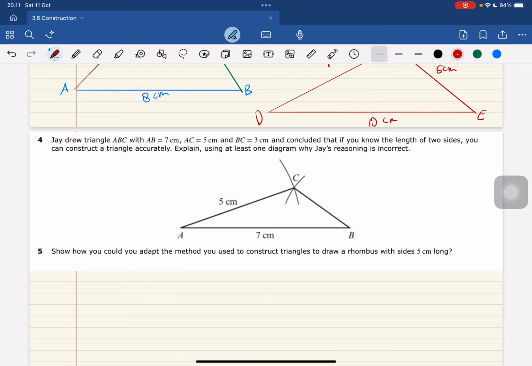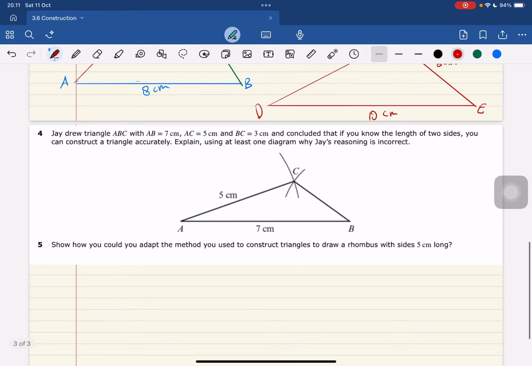Number 4: J drew triangle ABC with AB of 7, AC equal to 5 and BC equal to 3, and concluded that if you know the length of two sides, you can construct a triangle accurately.